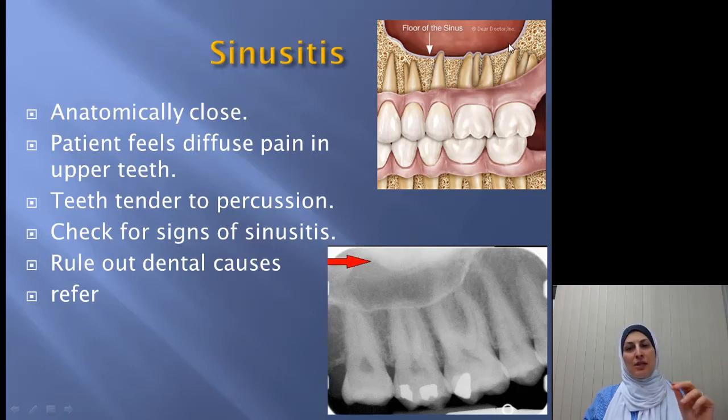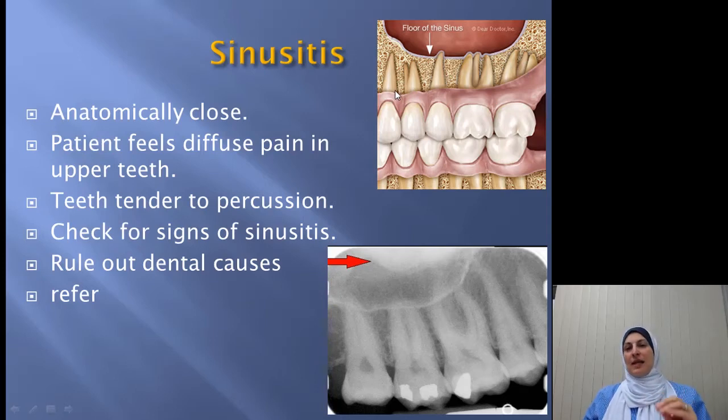And the other cause is neurological, that the superior alveolar nerve that supplies these teeth passes through the maxillary sinus, and it would be affected by the inflammatory mediators and cytokines present here, and it will be inflamed. So it's a case of neuritis, where there is inflammation of the superior alveolar nerve. So this will lead to pain in the teeth.